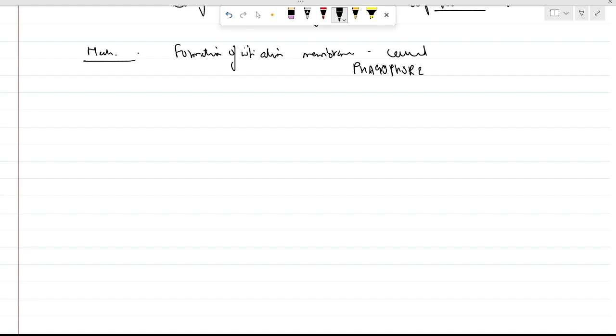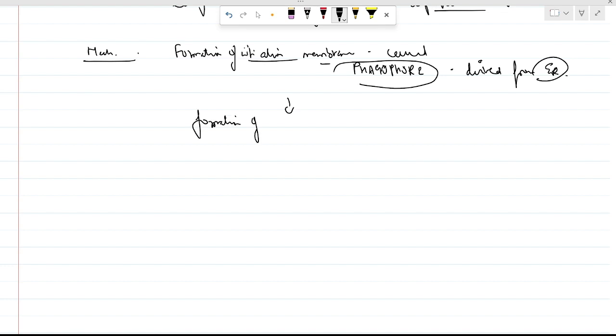This phagophore is derived from endoplasmic reticulum. Formation of initiation membrane called phagophore. This leads to formation of autophagosome. Okay, autophagosome formation takes place after formation of phagophore.